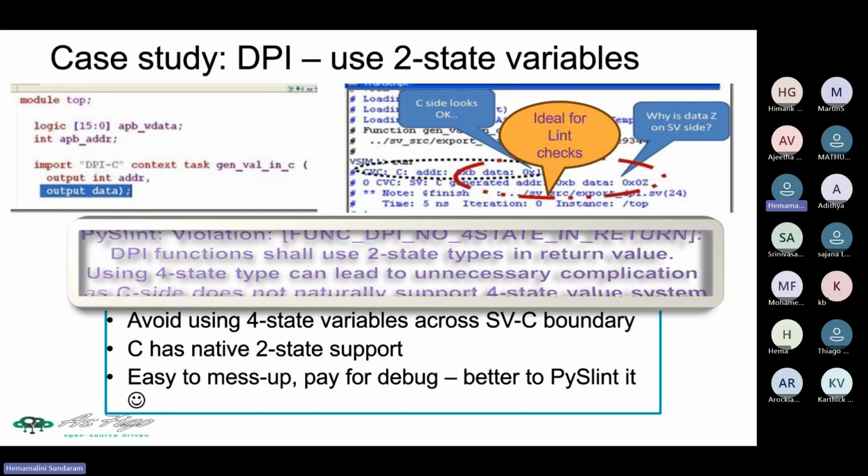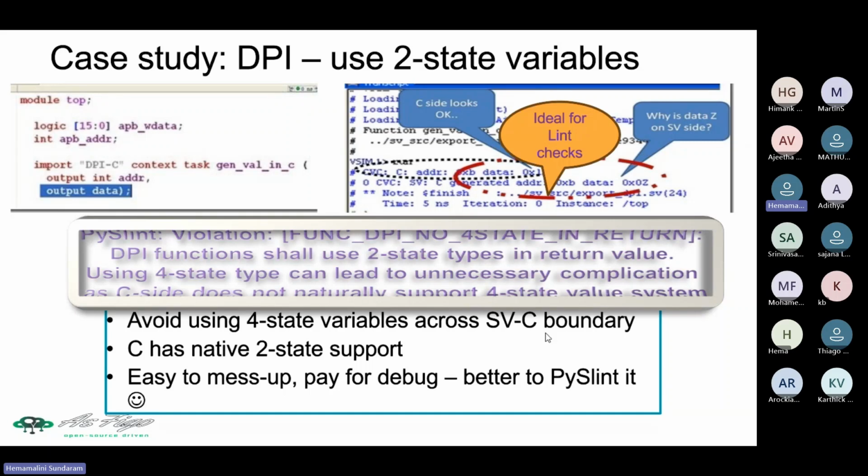So when you lint this small piece of code, given as a sample on the left-hand side, you have the logic called 16-bit, and then you again import DPIC, and then you have the output data. The linter says that on the C side everything looks good, whereas on the SV side, why is there a Z?